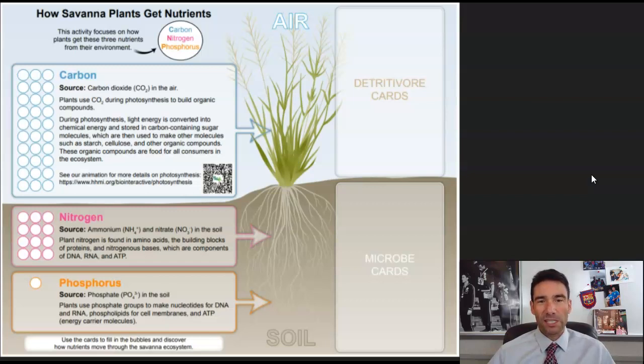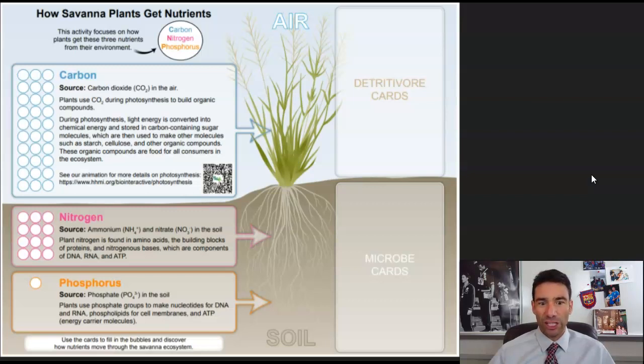For carbon, we're specifically talking about molecules like carbon dioxide. Plants use that during photosynthesis to make organic molecules that they store inside their bodies, some for energy like glucose and starch, and others like cellulose that actually make up their bodies.